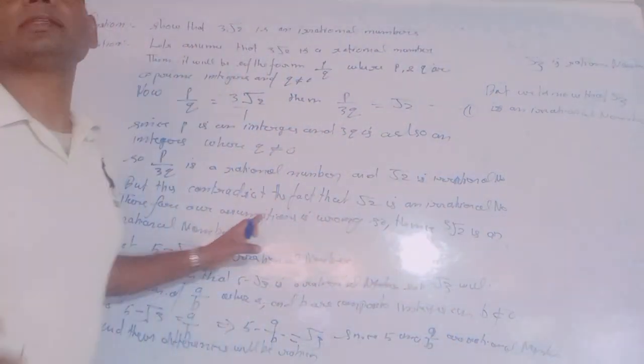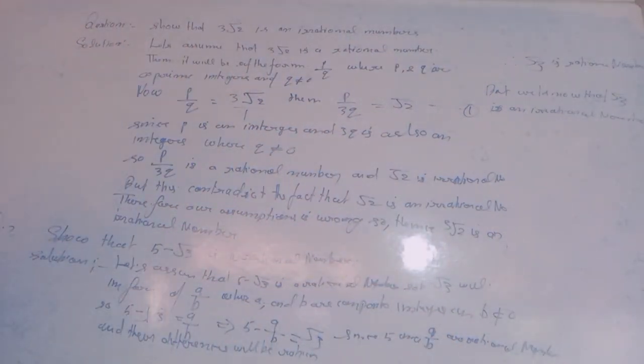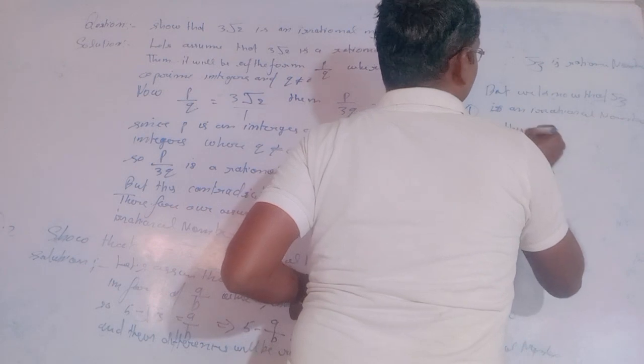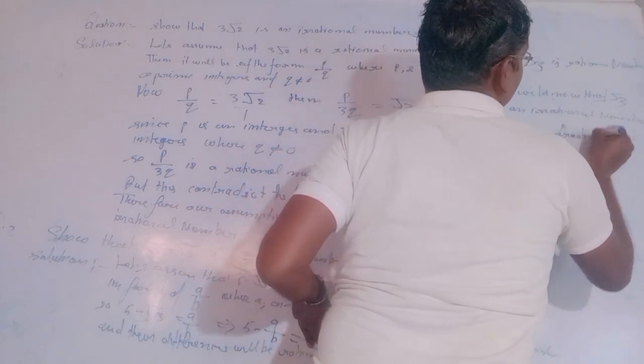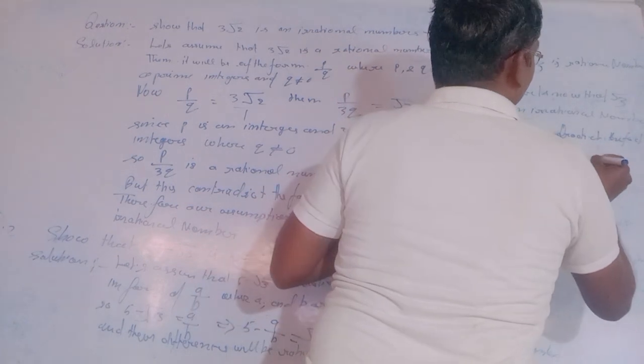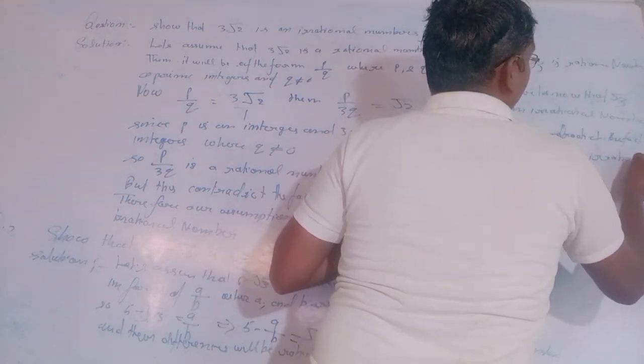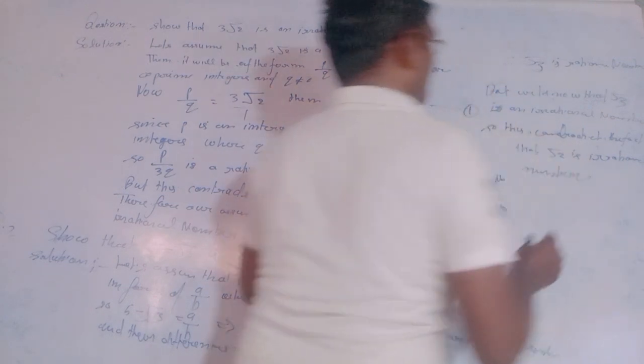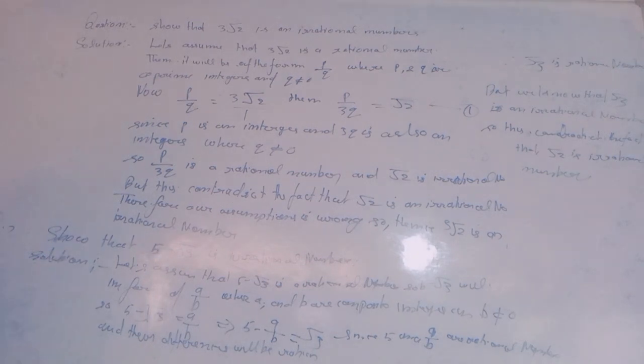Got it? So this contradicts the fact that root 3 is an irrational number. Therefore our assumption is wrong.